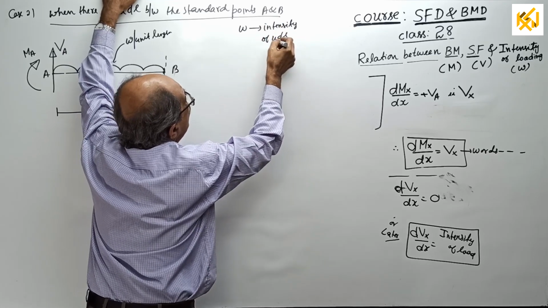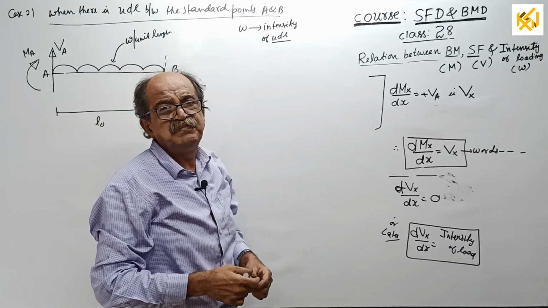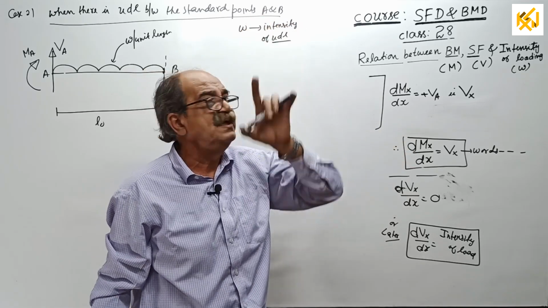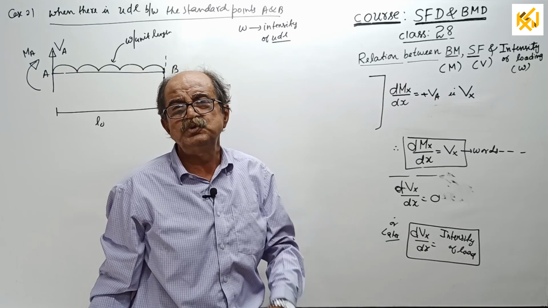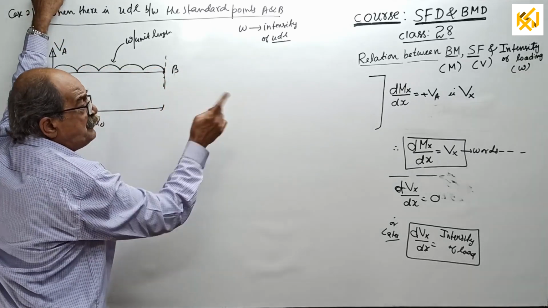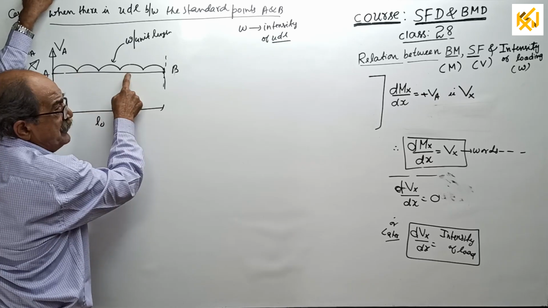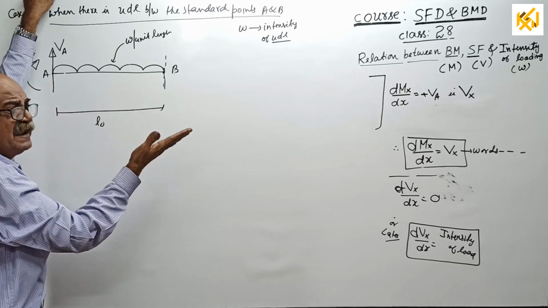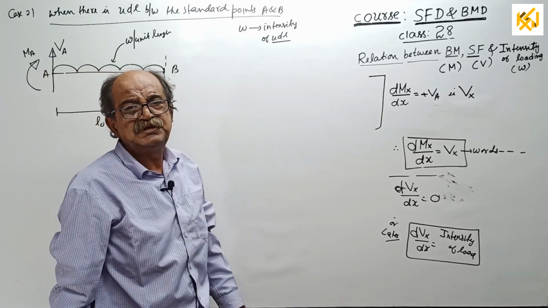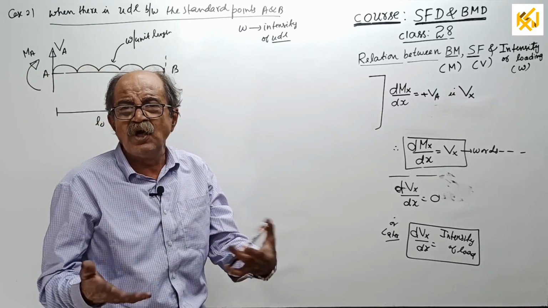Since it is UDL, intensity is constant. If you don't know that, go through my earlier class, where I explained types of load so clearly. Now if someone says, sir, if the UDL stops here, then this will become B. Between 2 successive standard points, UDL cannot stop.